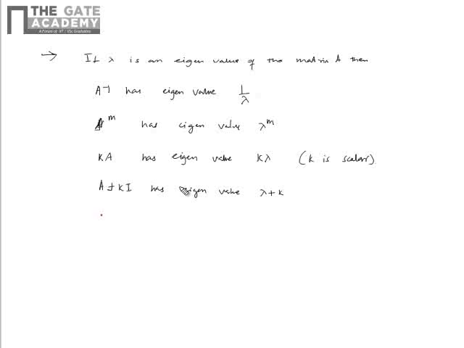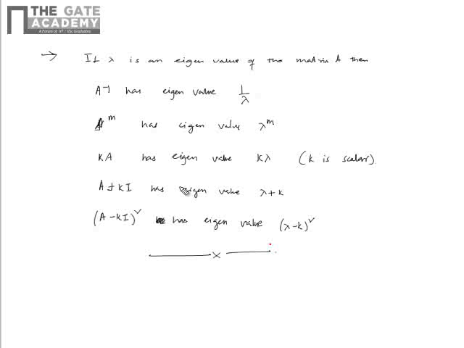These you can easily derive, starting everything with the characteristic equation. So this has eigenvalue (lambda minus k) whole square. So we have seen some important properties.